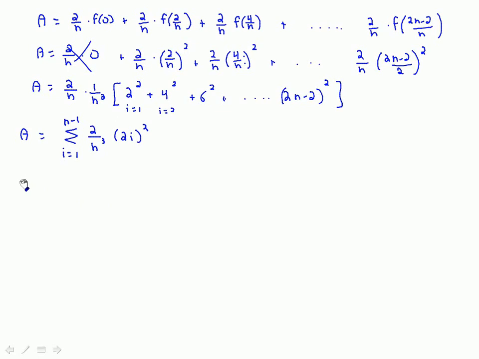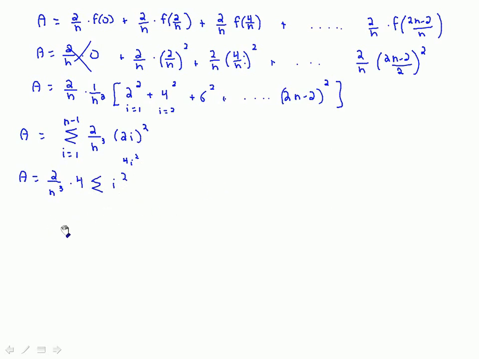And simplifying this further by taking out the common factors, this is 2 over n cubed that gets taken out. But we also can take out, when we expand 2i squared, that's 4i squared. So we take out a factor of 4, and then we get i squared, which is what we want, because we want it just like i squared. So this is 8 times i squared.